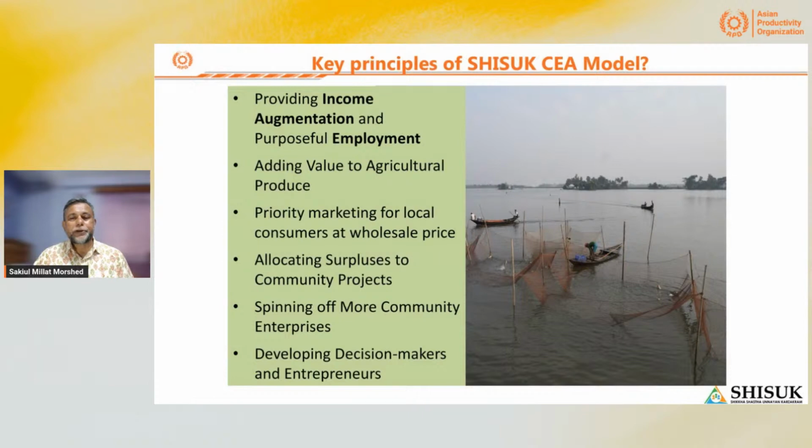One enterprise initiative also creates a lot of other community enterprise opportunities, like groups doing entrepreneurship in feed supply, fish marketing, fish selling, or backward and forward linkages. Many other enterprise initiatives have been created because of one enterprise initiative.